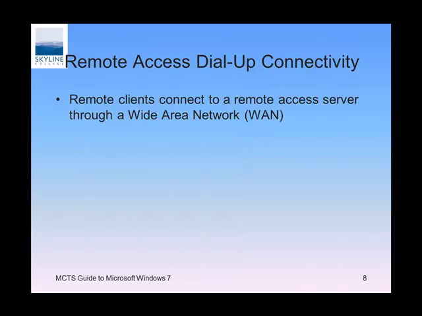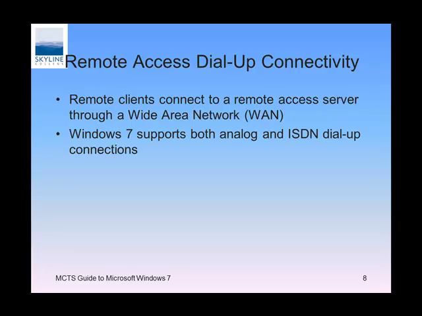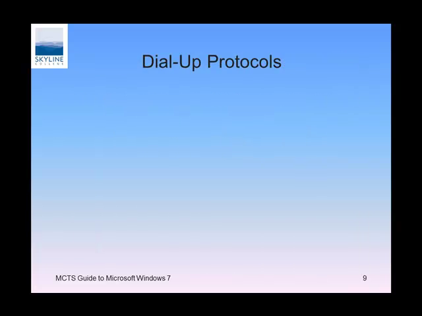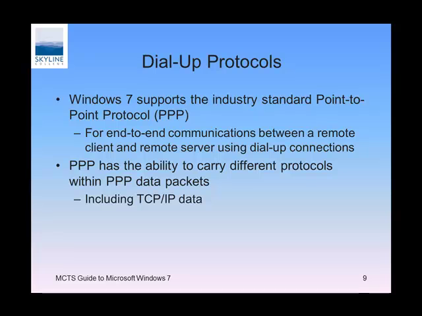Remote dial-up, remote access dial-up connectivity, analog and ISDN, and these are the ones that use the dial-up protocols, point-to-point protocol, which those of you who have had Cisco remember as one of the Layer 2 protocols. It was the common Layer 2 protocol, because with HDLC, everybody had HDLC, but they were all proprietary.